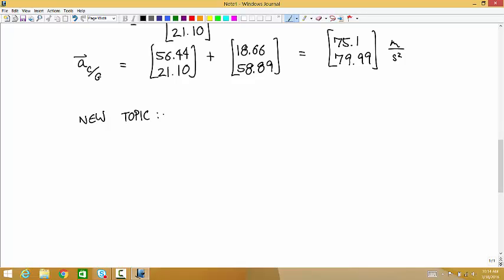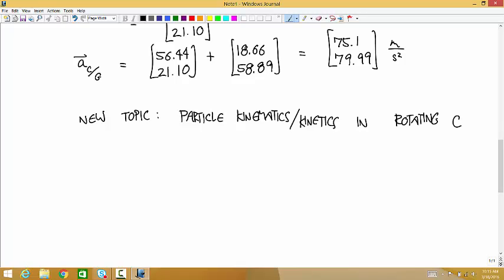And that is particle kinematics and kinetics in rotating coordinate systems. Okay, so yeah, this is going to get a little harder to visualize and stuff.